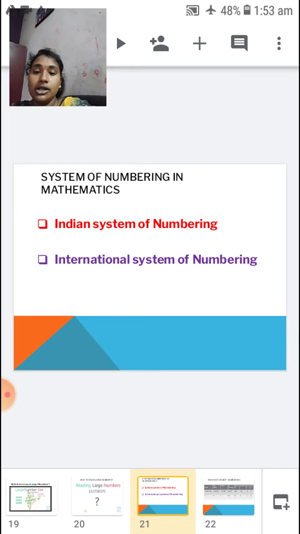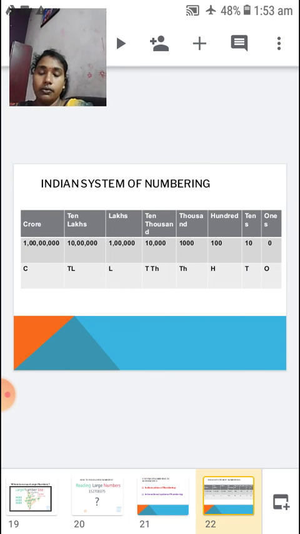Okay children, so first let us see the Indian system of numbering. We have ones, followed by tens, hundreds, thousands, 10,000s, lakhs, 10 lakhs and crores.